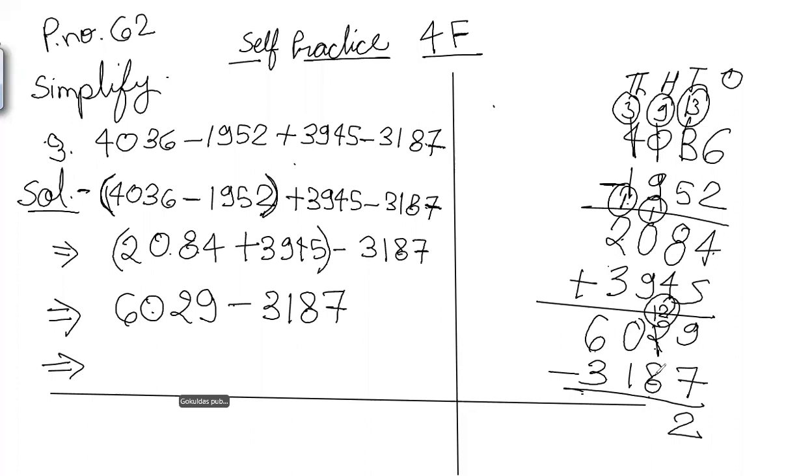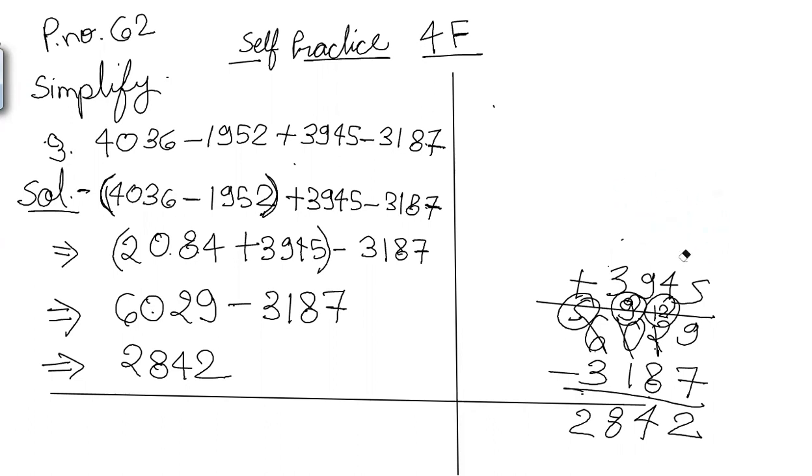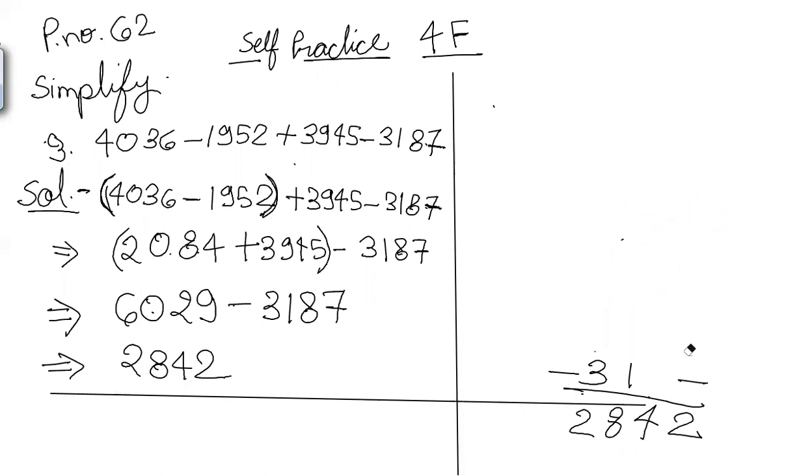It will become 12. 12 minus 8 is 4, 9 minus 1 is 8, and 5 minus 3 is 2. So after solving this step, you will get 2, 8, 4, 2. So this is the solution of question number 3.